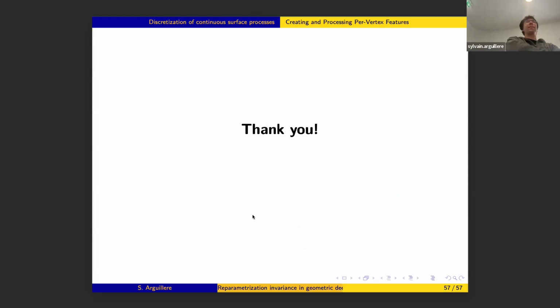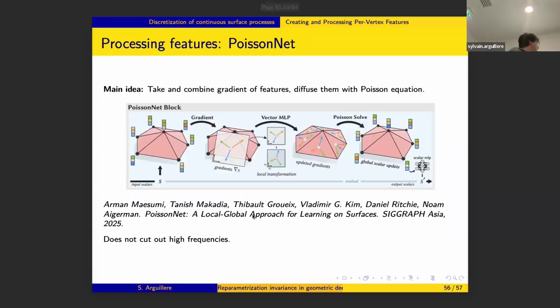So what is Poisson? We haven't used it. It just came out in a different paper, but it's another way of processing per vertex features. You have per vertex features, you take the gradient, you obtain per face gradients, and then you do some processing, like a shared MLP on the faces.